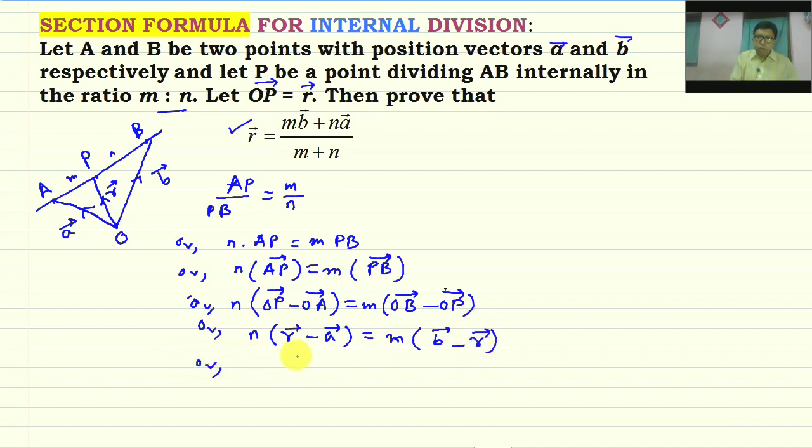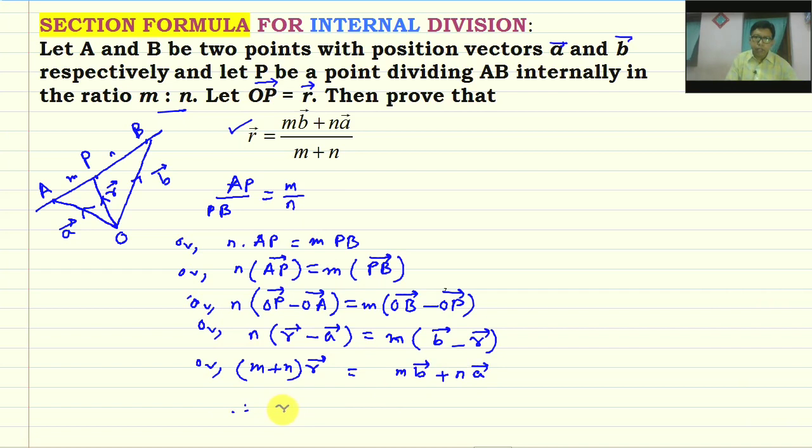Or you take the r vectors on the left side. So m plus n whole into r vector is equal to m b vector plus n a vector. n a vector is transferred to the right side.